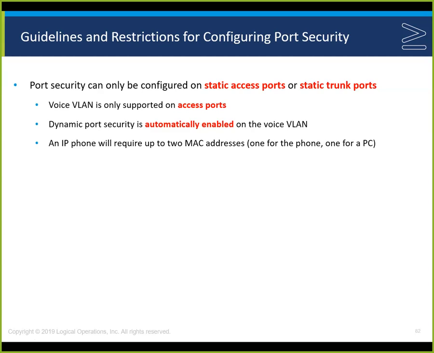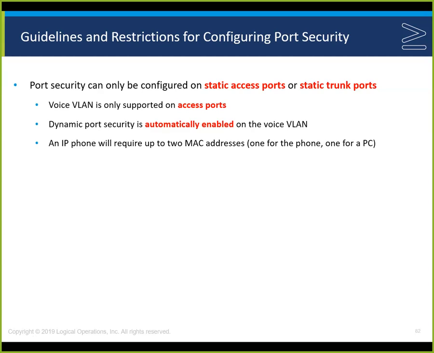No dynamic ports. Voice VLAN is only supported on access ports. With the voice VLAN, the phones, we will have to configure a maximum of greater than 1 when we have the phones enabled.